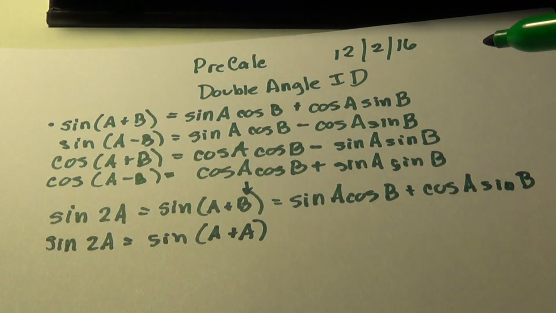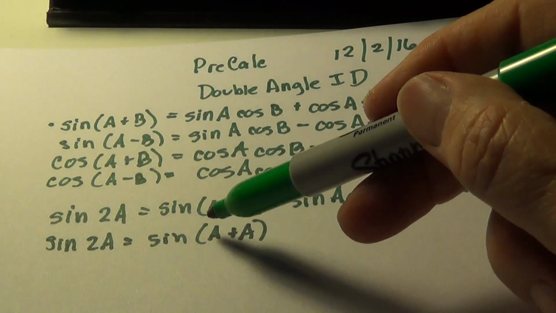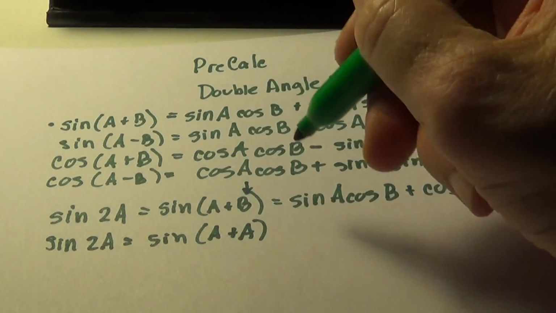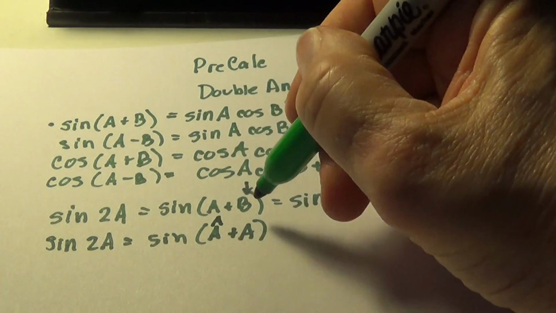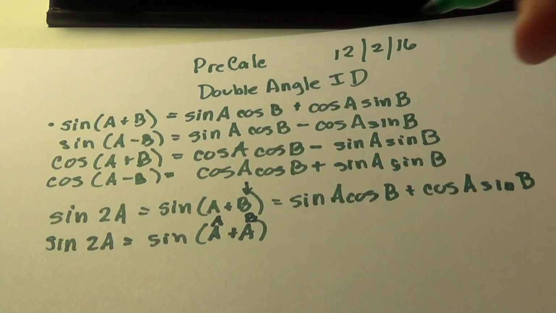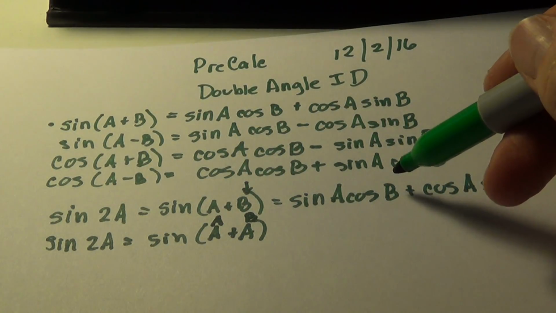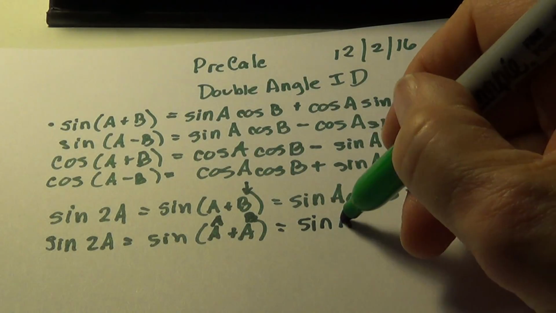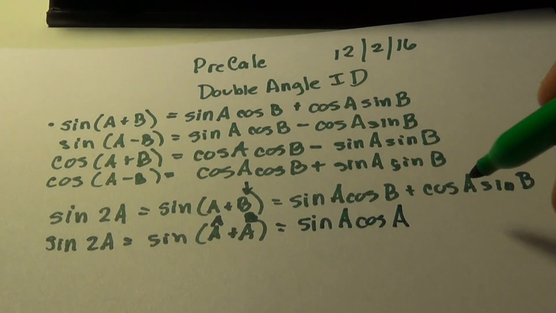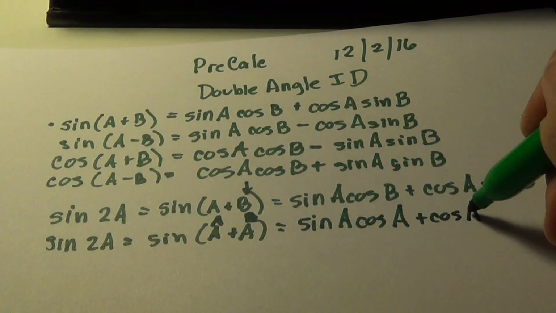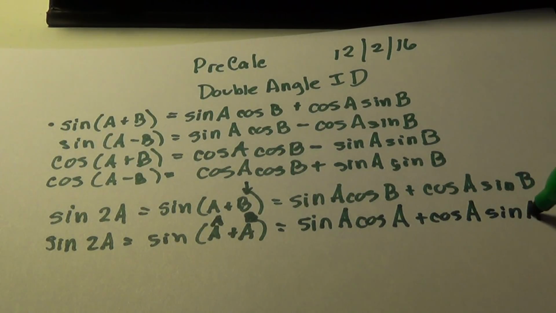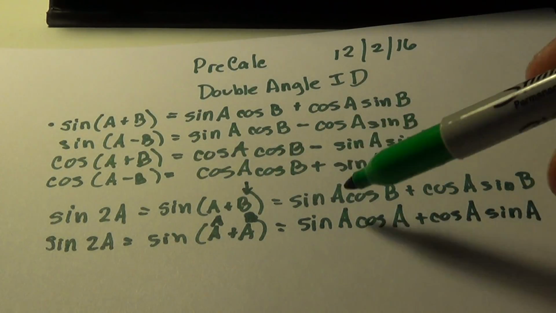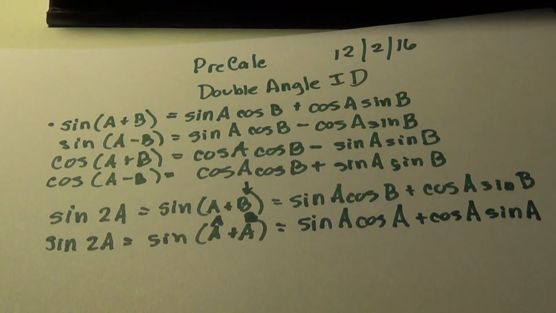So I can use the formula where my A is A and where my B is A. So in the formula, A will continue to be A, but we're going to also call the B part in the formula A. And so that would be sine A cosine A, plus cosine A sine A. So following the pattern, we have A plus A, and all the spots take on A.